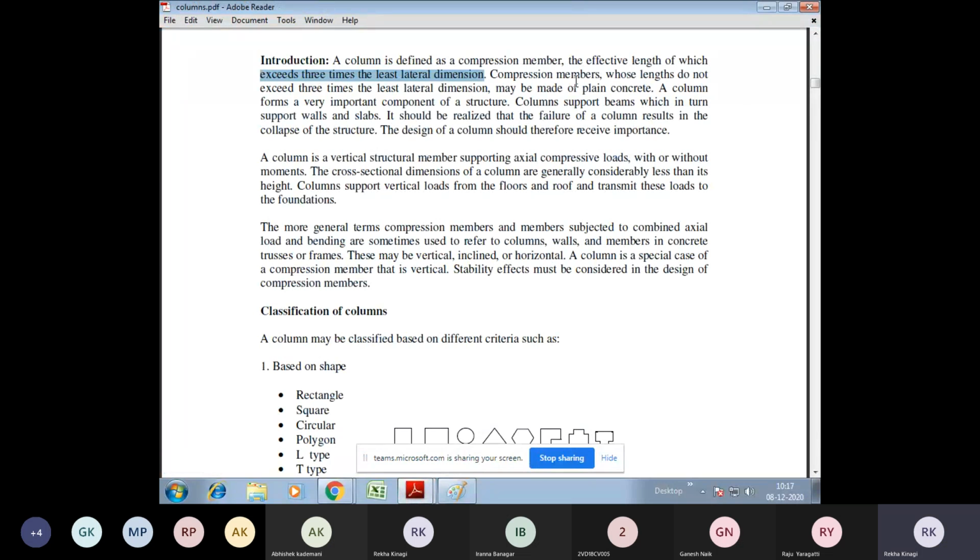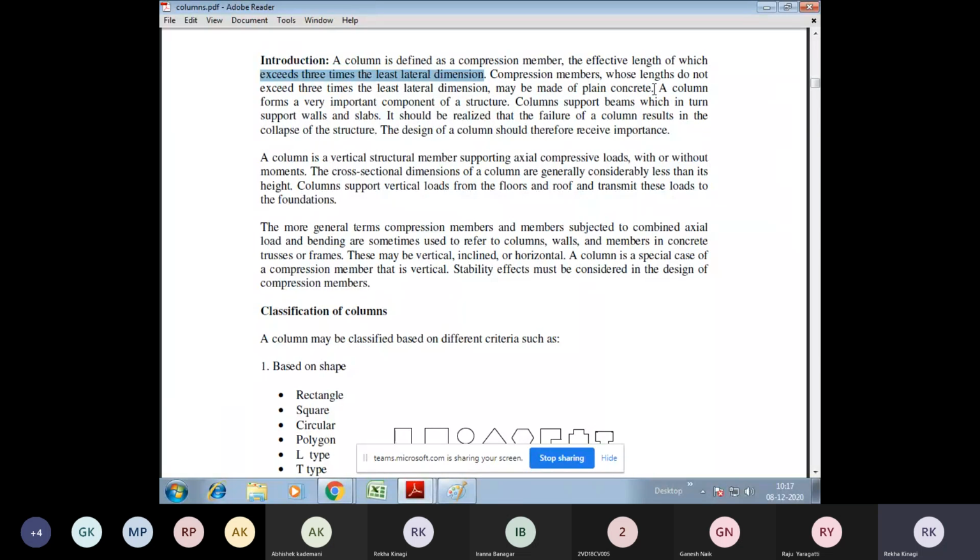Now, the compression members whose lengths do not exceed 3 times the least lateral dimension may be made up of plain concrete. So here the column is to be reinforced with steel. So we can consider it as an RC column, reinforced concrete column. But if the compression member has a length not exceeding 3 times the least lateral dimension, then it may be made up of plain concrete also.